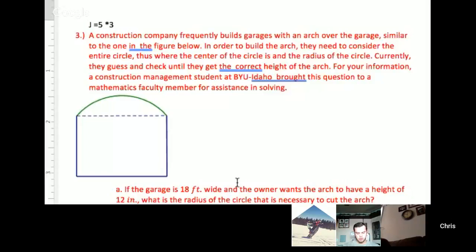Currently, they use trial and check until they get the correct height of the arc. For your information, the construction management student at BYU Idaho brought this question to the mathematics faculty member for assistance in solving.